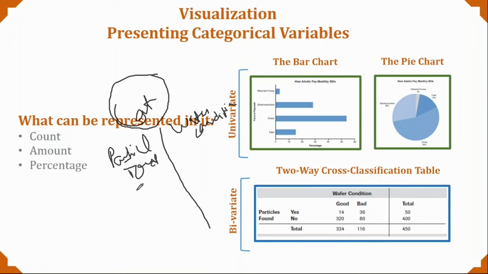The two-way table represents, if the particles are found, what the condition of the water is.